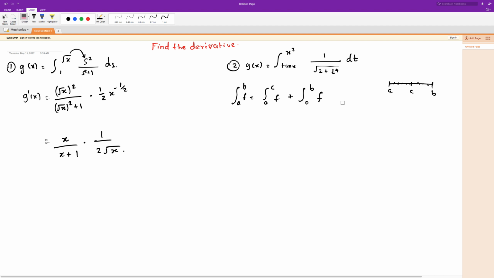So I erased this one because this is not in the answer, so we have to apply this pattern to this one. So I show you how to bring this. After I bring the pattern, then I can find the derivative. So let's do this one.